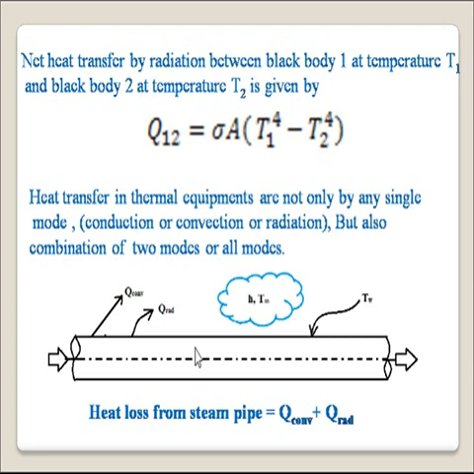So the main component of heat transfer is the radiation mode, and less heat is transferred by convection. So for this steam pipe, heat lost to the surrounding is simply the sum of heat loss by convection and heat loss by radiation.